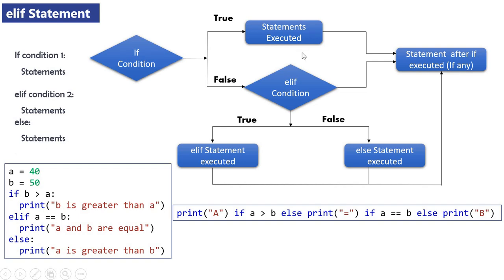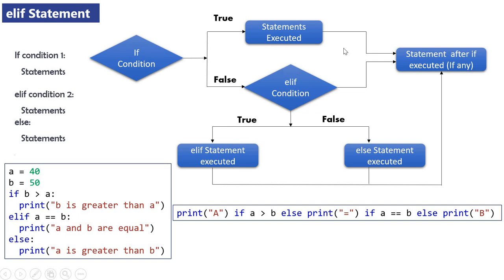Let's understand it with the chart. Condition 1 is here, and if condition 1 is true, the statement will be executed. If this is not true, the control will go to the second condition and we will check it. If that second condition is not true, the else part will be executed. If the second condition is true, its statement is executed.